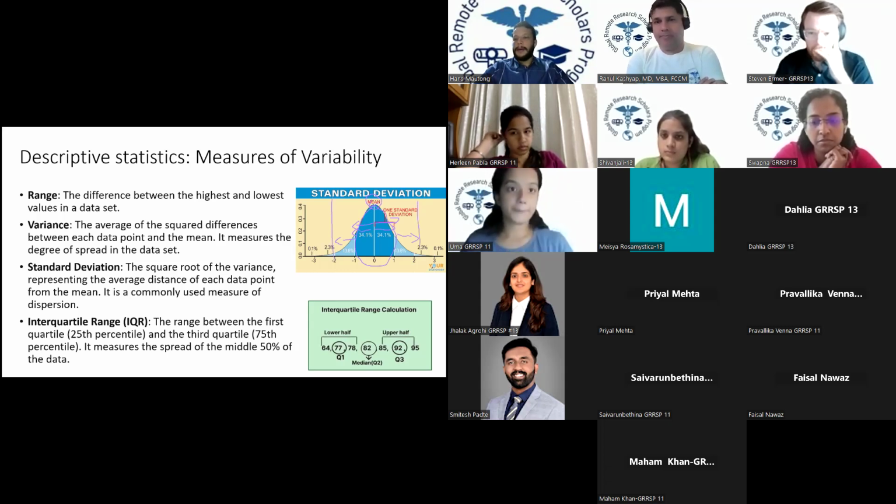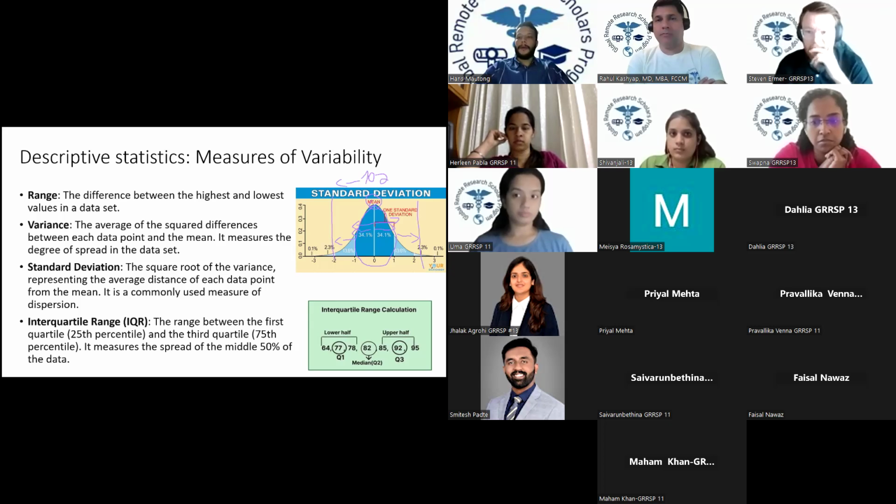So basically, all of the data that you're collating, for example, about glucose level, the mean is, I don't know, 102. But there are values that fall in the lower portion of the distribution and fall in the upper portion of your distribution.